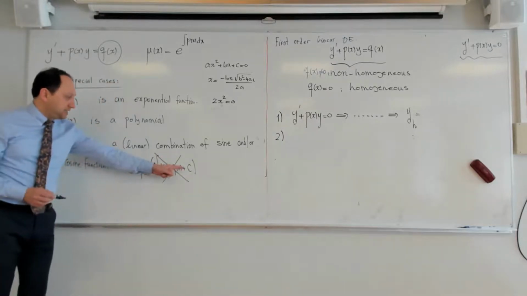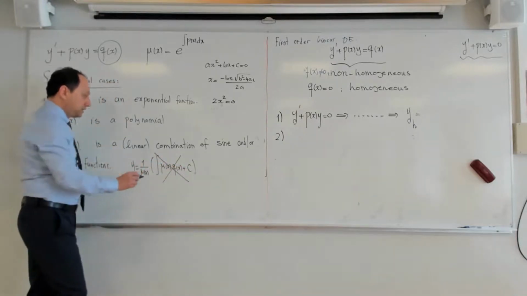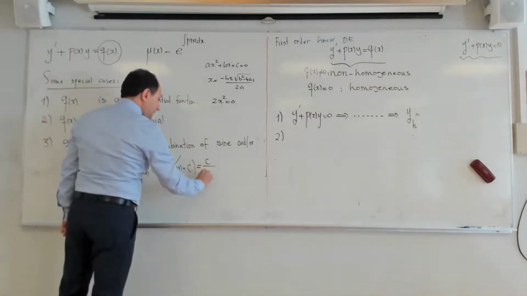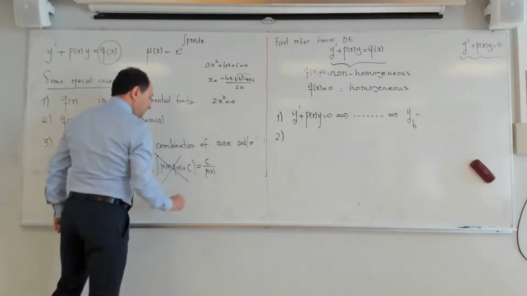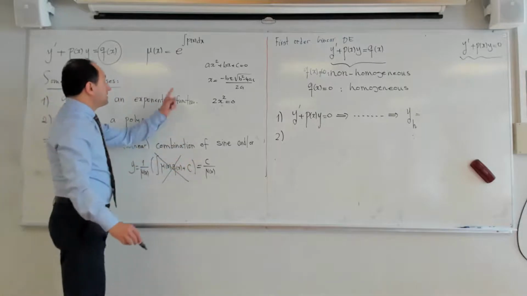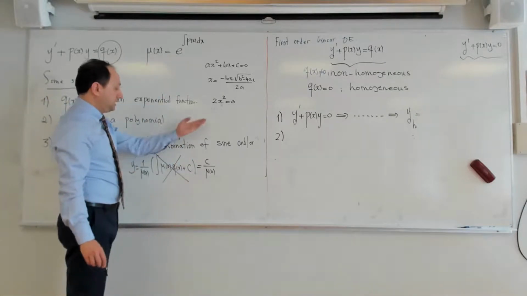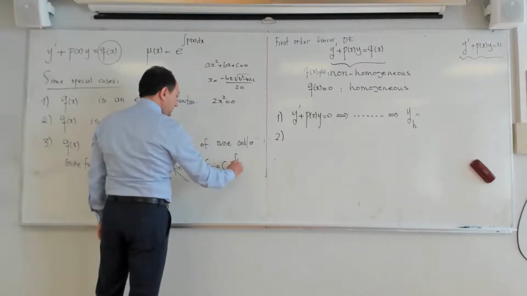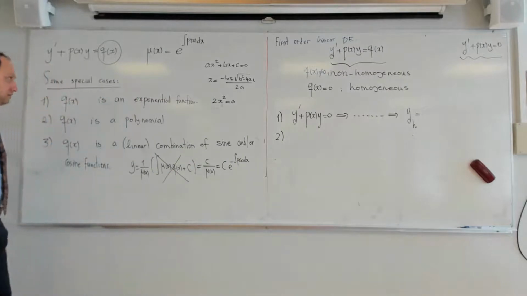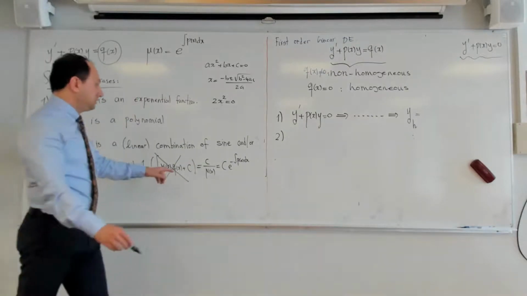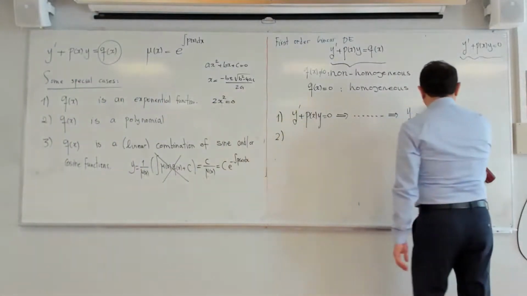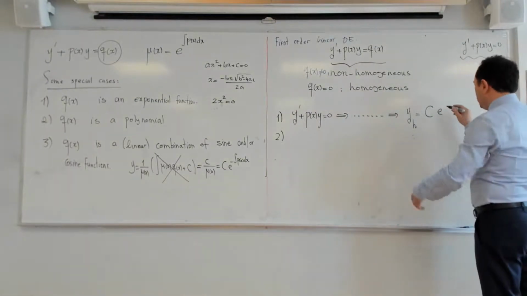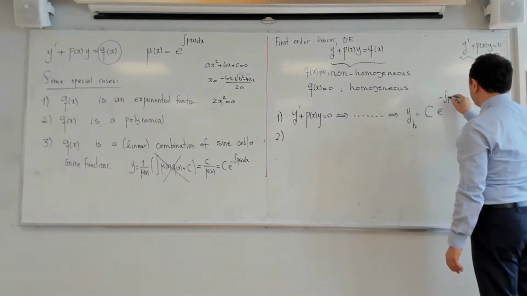And what is left is c times 1 over mu(x). And what was mu(x) is on the board. So I bring it up, and it becomes c e to the power of minus the integral of p(x) dx. So you immediately write the formula here. Of course, in the book it is simpler than that, because p(x) is always a constant in the book.